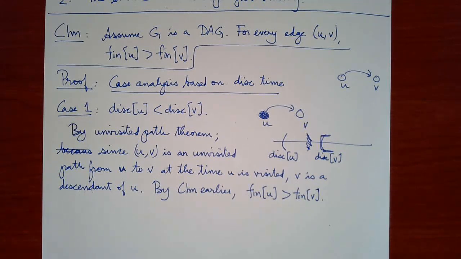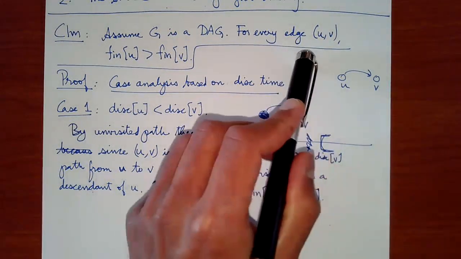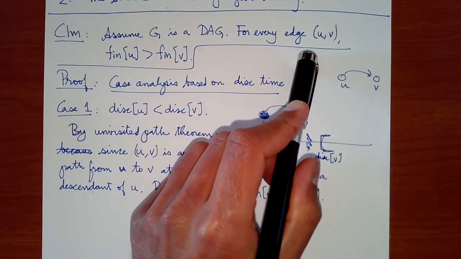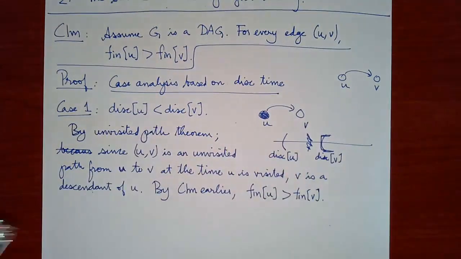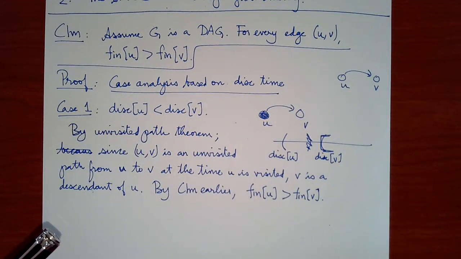So we're assuming for certain there does exist a path between U and V. No, UV is an edge. But an edge is a path. An edge is also a path.